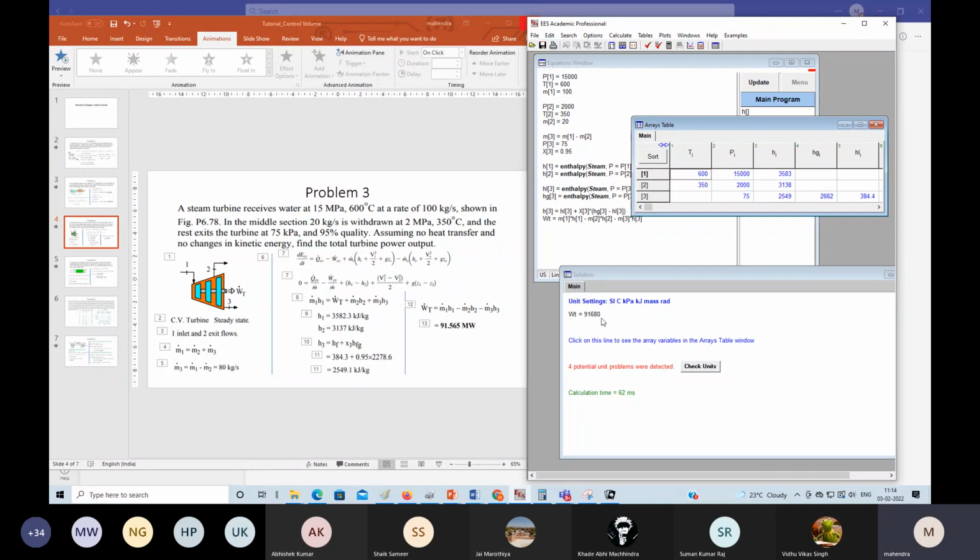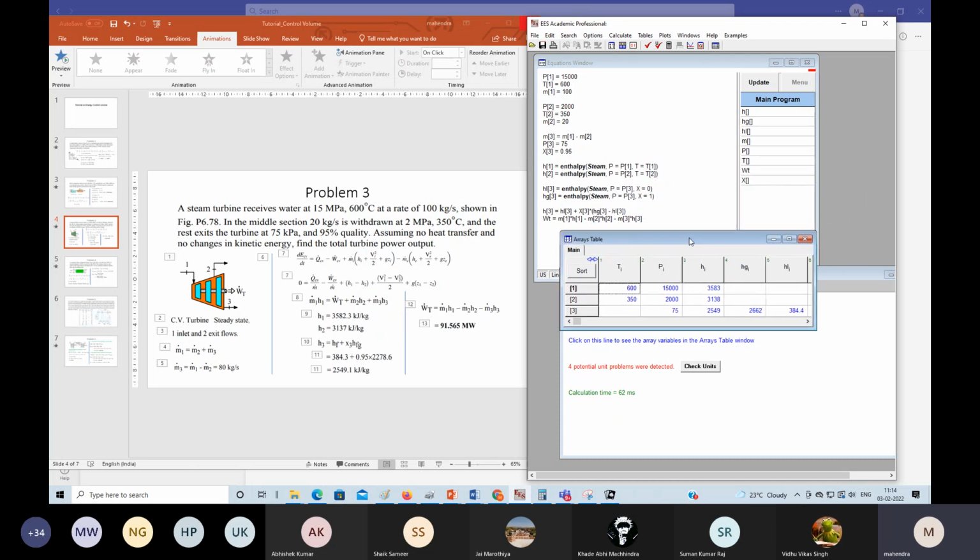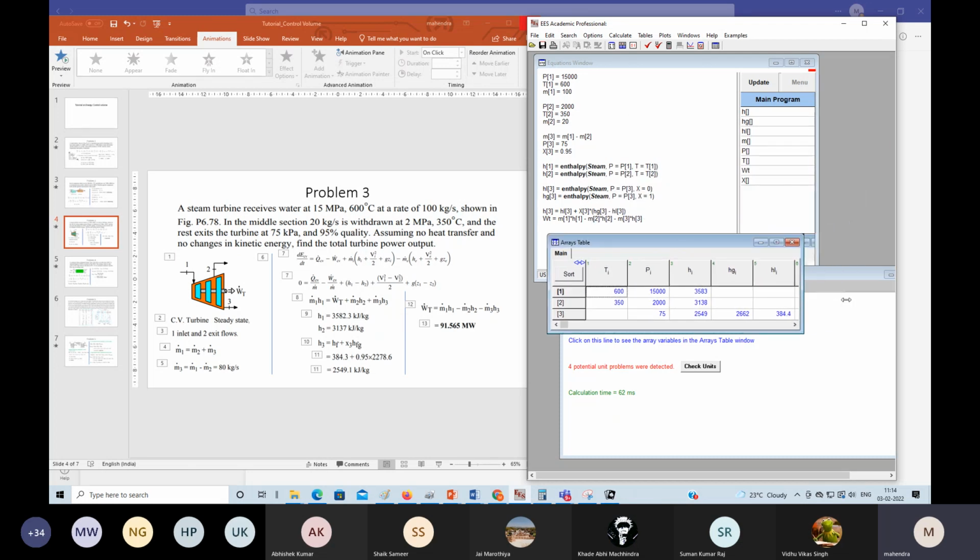That is the reason we are getting 91680 here. And all the enthalpies are given in this particular table. M3 is 80 and H1 3582, it should come 3583 here, and H2 3137, this is 3138. Okay. And H3 is here, yes, sir, 2549.